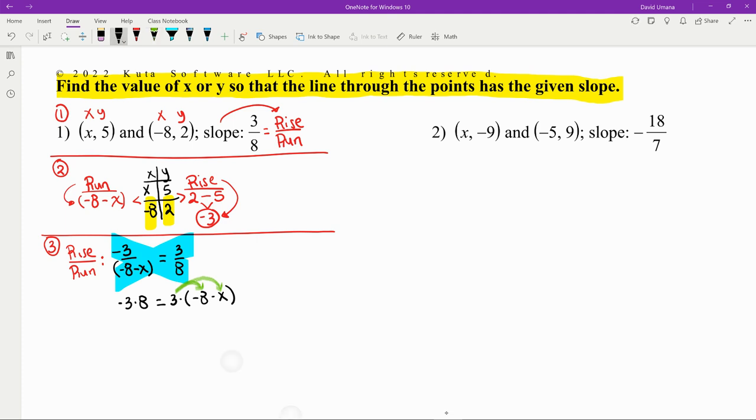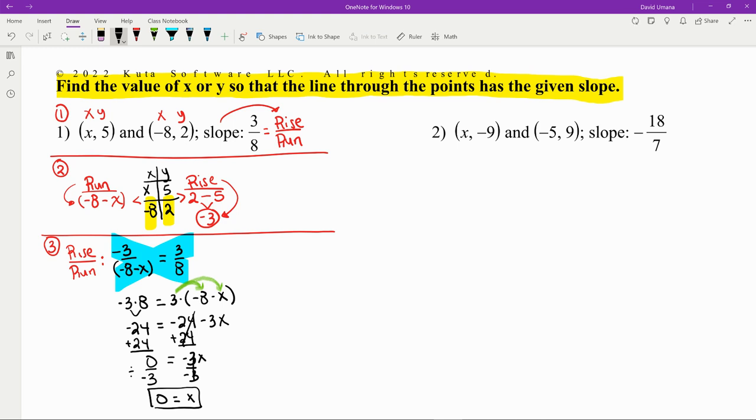So with that being said, this turns into negative 24 is equal to negative 24 minus 3x. I'm going to add 24 to both sides. And I quickly learn that I end up with 0. Now, I don't really have to do this step, but if I were to, I would then see that my answer is, in fact, x equals 0.